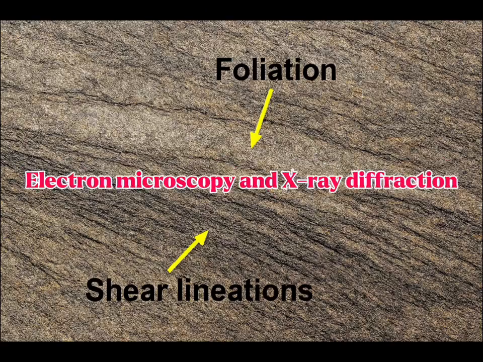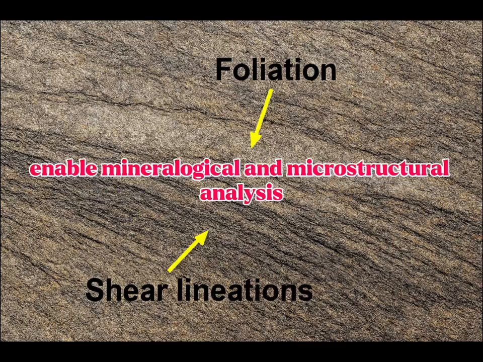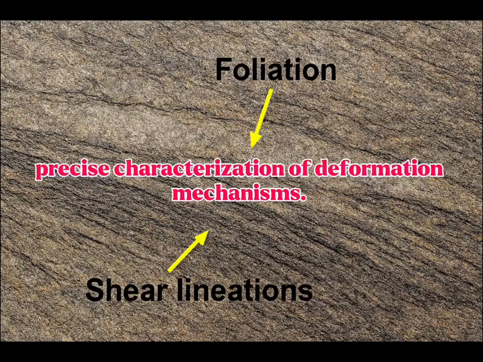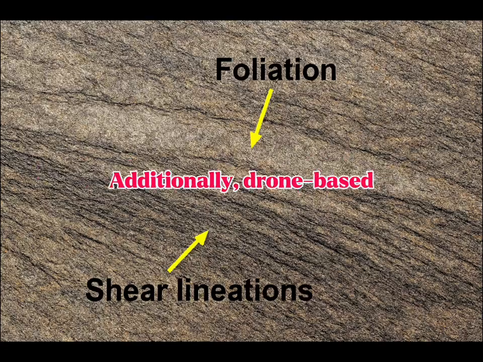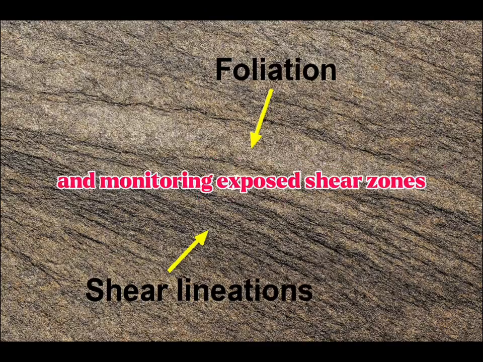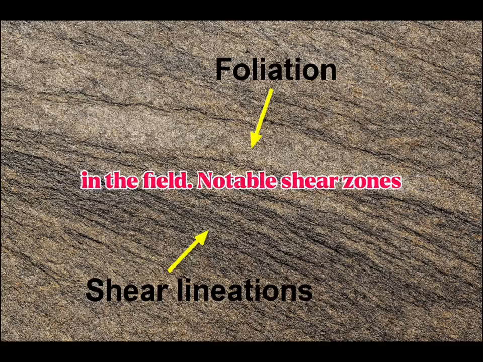Electron microscopy and X-ray diffraction enable mineralogical and microstructural analysis at microscopic scales, allowing precise characterization of deformation mechanisms. Additionally, drone-based photogrammetry is increasingly used for mapping and monitoring exposed shear zones in the field.